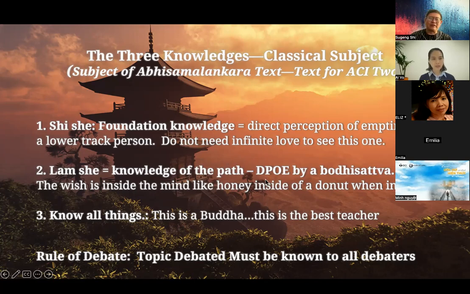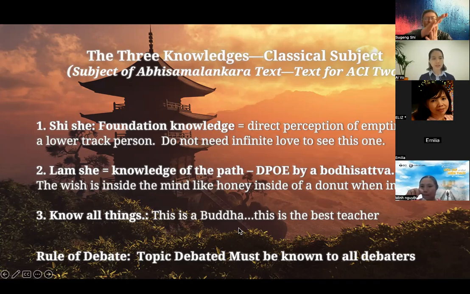The knowledge of the path is the direct perception by a bodhisattva, so there is bodhicitta inside. The wish is inside the mind like honey inside of a donut. And of course, we have the knowledge of all things, which is the omniscience of the Buddha. This is the best teacher.